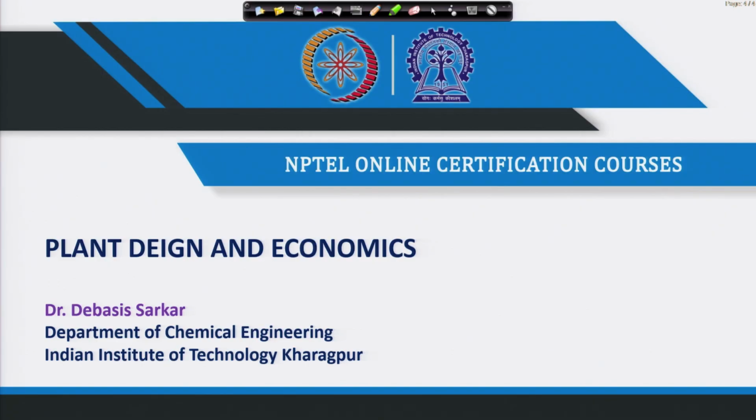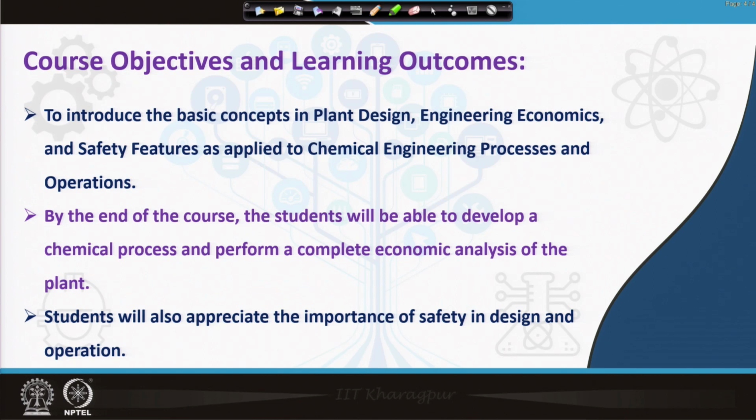The primary objective of this course is to introduce you to the fundamental principles of plant design, engineering economics and safety features as applied to chemical processes and operations. These are the broad course objectives and learning outcomes.